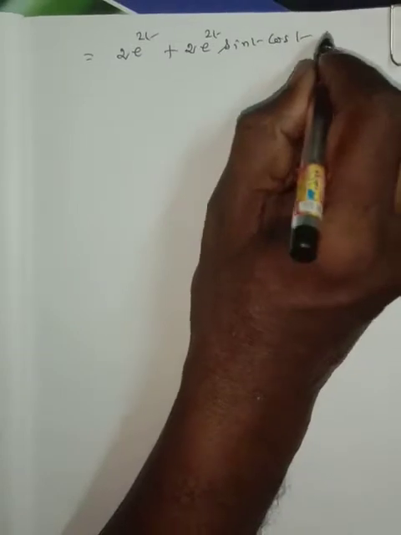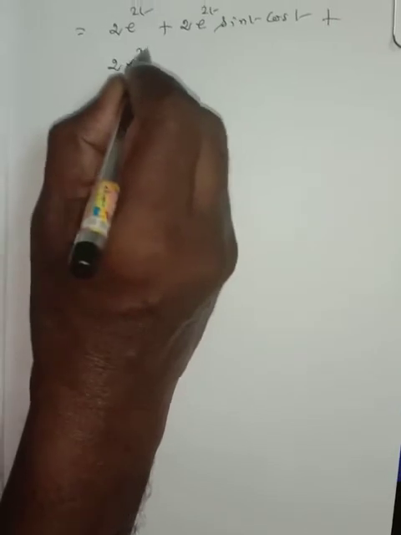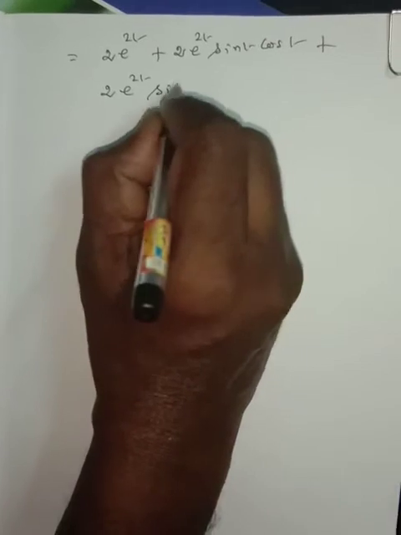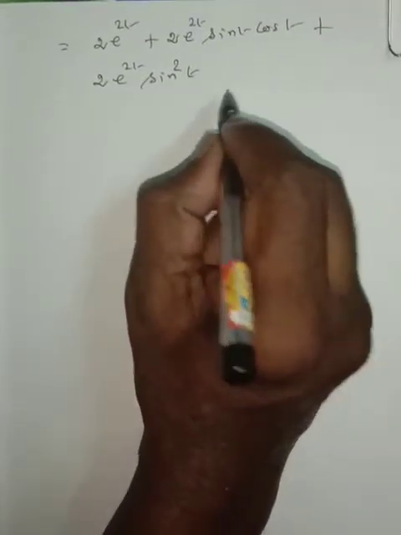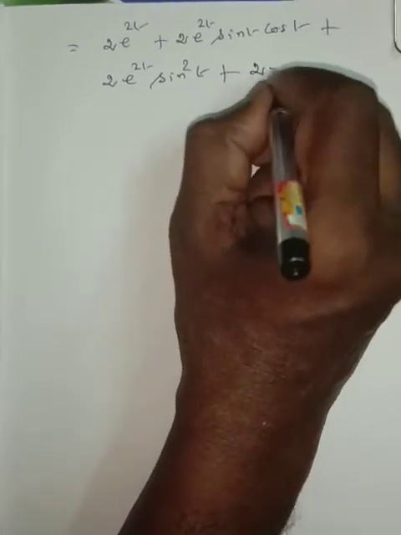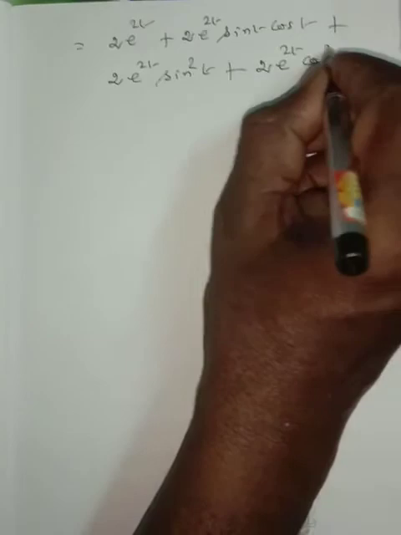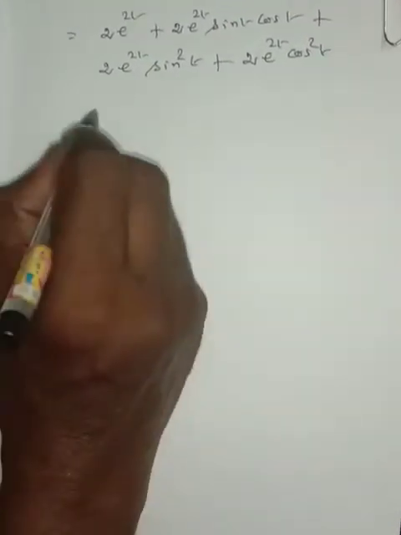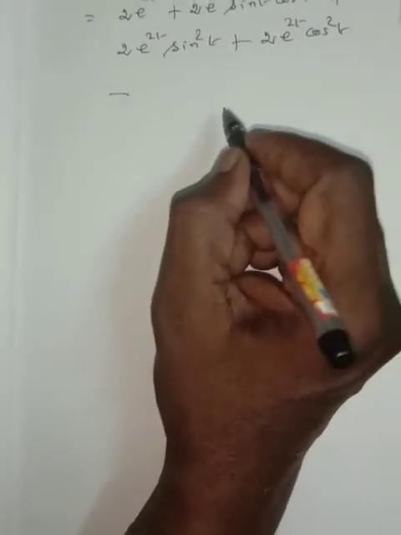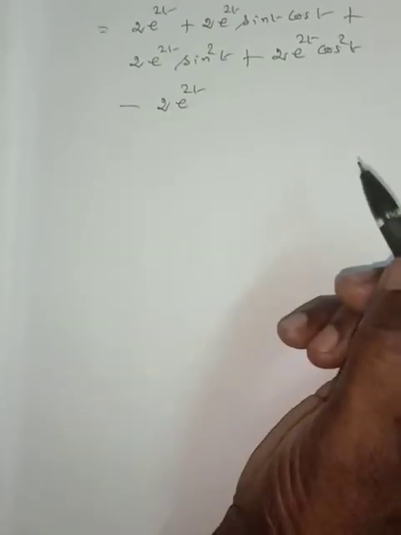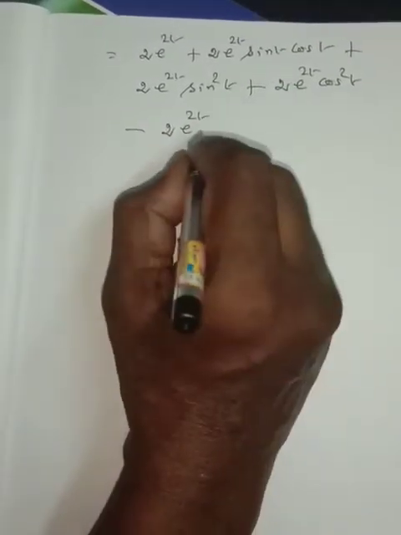plus 2 into e to the power of 2t sin square t, plus 2 e to the power of 2t cos square t, minus 2 into e to the power of 2t sin t cos t.